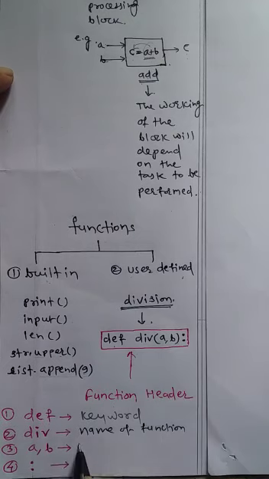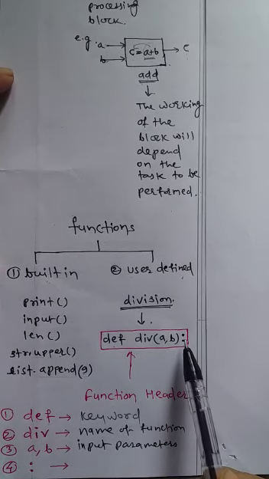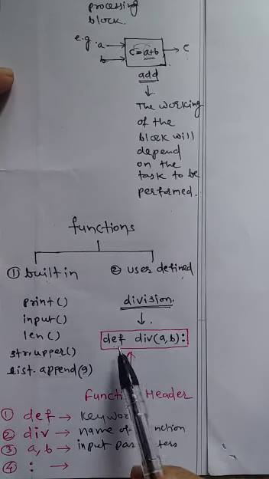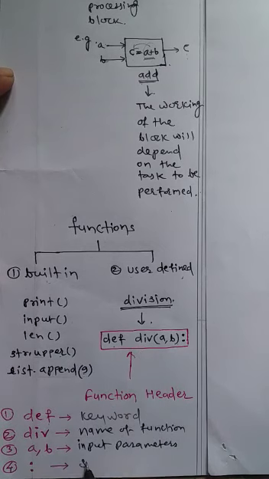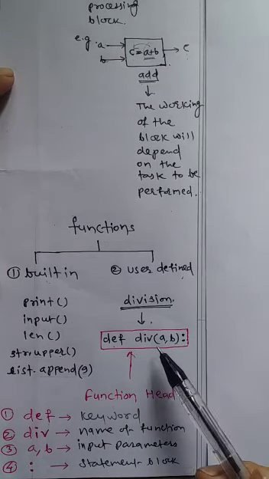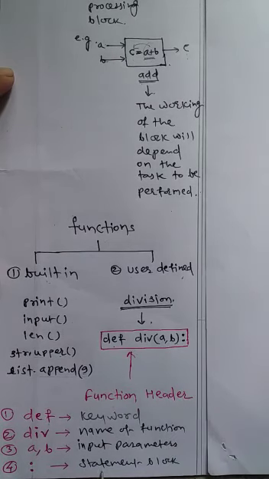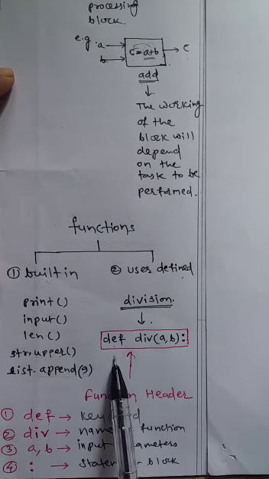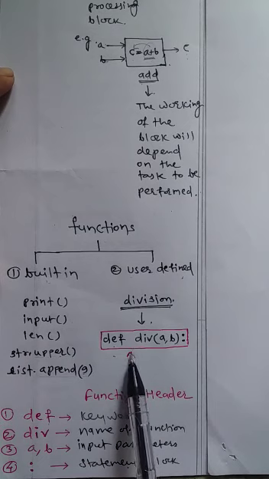A comma b are the input parameters, and this colon indicates that following this header we have a statement block. Remember that the statement block has an indentation. It will be shifted ahead by 4 character positions, and whatever statements are in the block, they must start at the same indentation level.